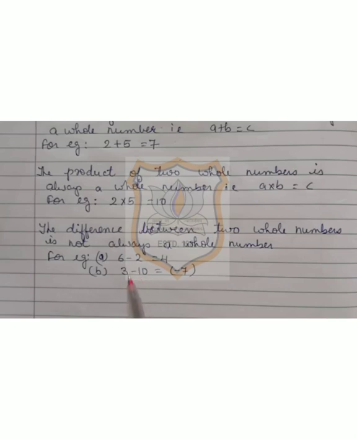The sign of the bigger number is minus. So the answer by subtracting 3 and 10 is minus 7. So here 3 is a whole number and 10 is also a whole number, but by subtracting these two numbers, we get an answer which is minus 7. It's not a whole number. So the difference between two whole numbers is not always a whole number.